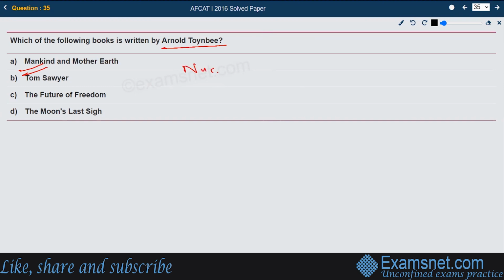The after effects of nuclear proliferation. Proliferation means excessive nuclear testing. That is the right answer, option A, Mankind and Mother Earth.